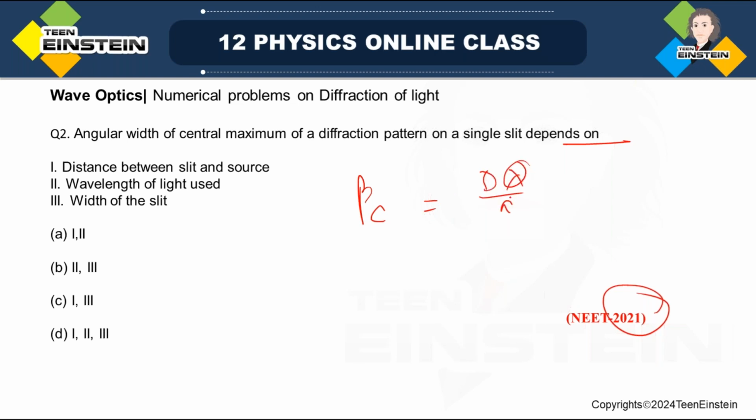So it depends on lambda, a and d. Distance between the slit and source, that we don't know. Wavelength of the light used and width of the slit, these two, I think 2 and 3. Wavelength of the light and width of the slit, both are there in this. So option number 2 and 3. So this B option will be correct.